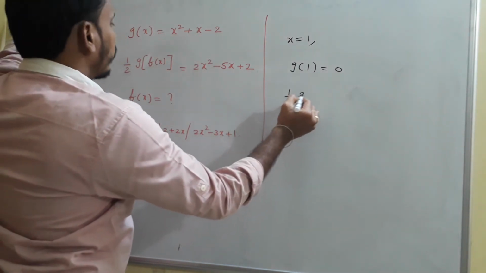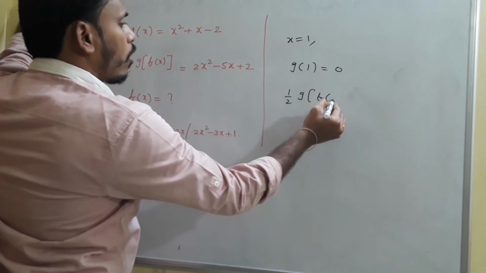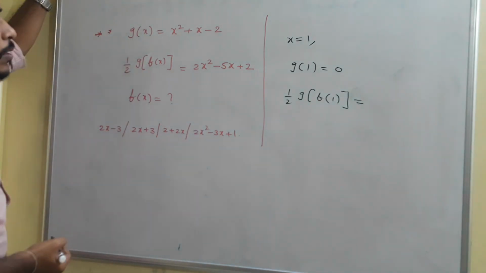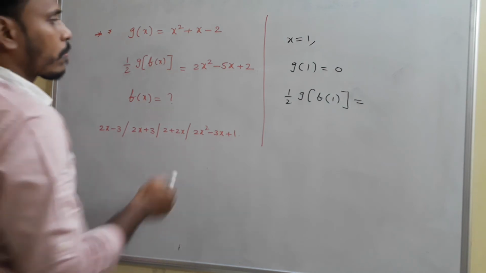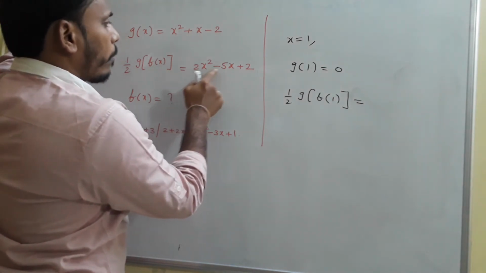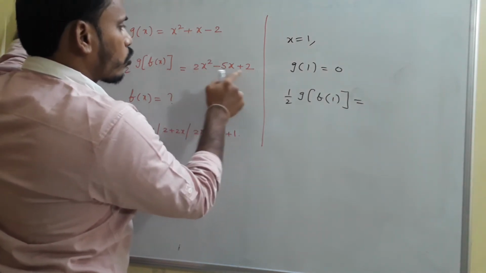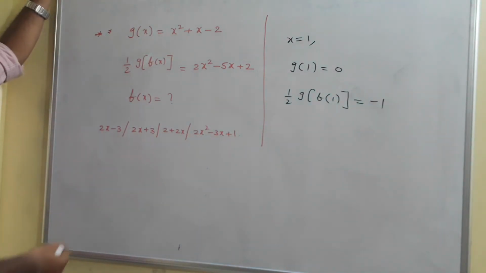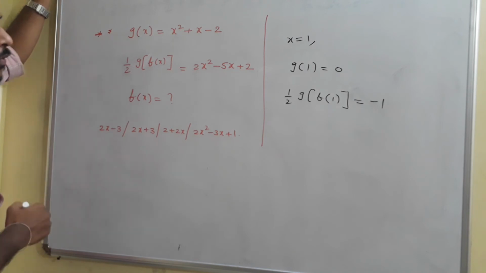Half of g of f of 1 is equal to what? See, 2 minus 5 plus 2. 2 plus 2 is 4, 4 minus 5 is minus 1. And from there, we need to get the value of f of 1.